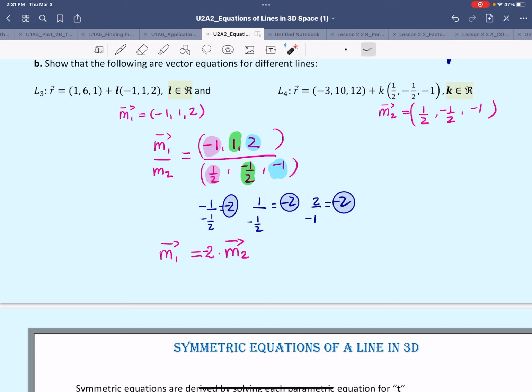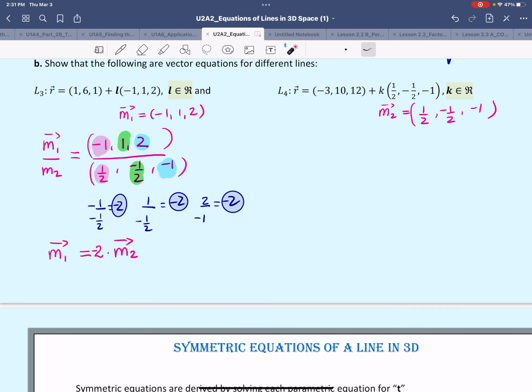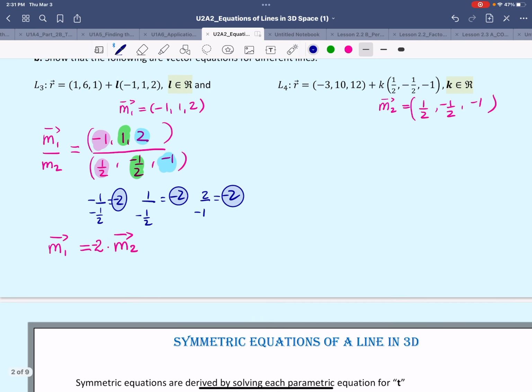How about a common point? For a common point, now we're going to substitute the coordinates of either starting point into the other equation. I'm going to choose this time (1, 6, 1), which is the starting point of the first line given, into the second line here.